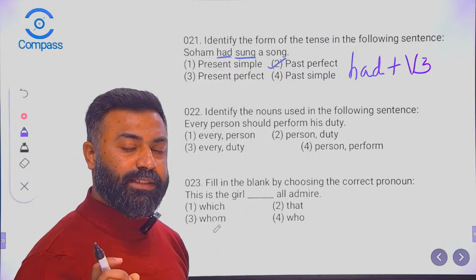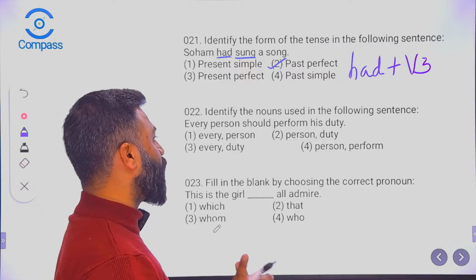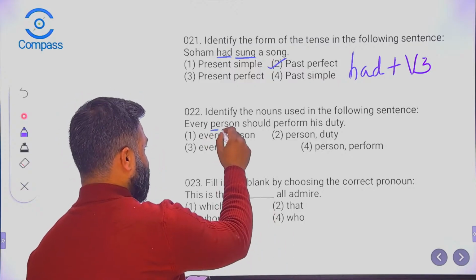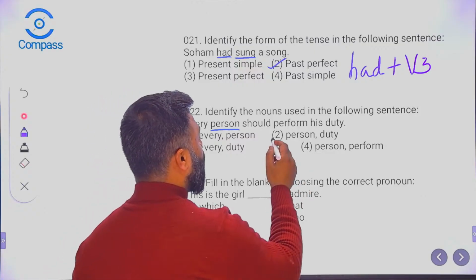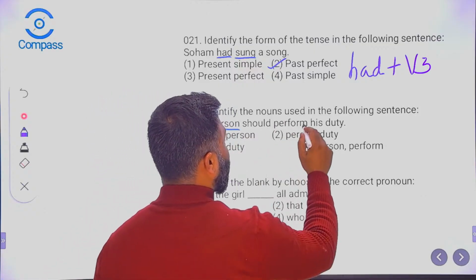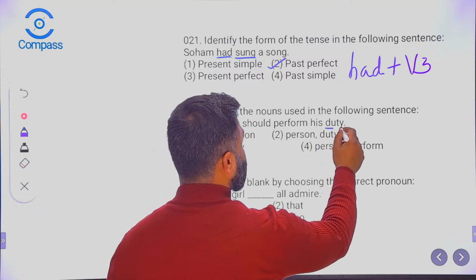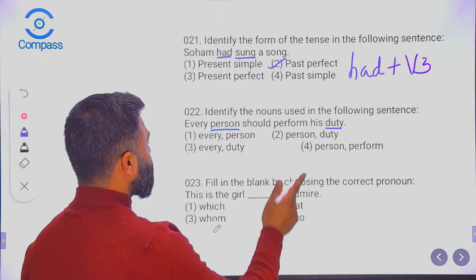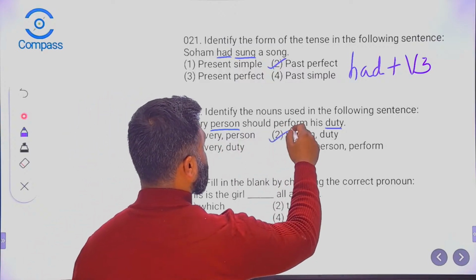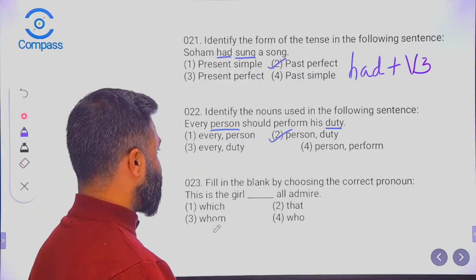No, every is an indefinite pronoun, so it cannot be. Person, yes. Should, no. Perform is the verb. His, never. Duty. So these are the two nouns in the following sentence. So what will be the correct option? So number 2 is going to be the correct option.